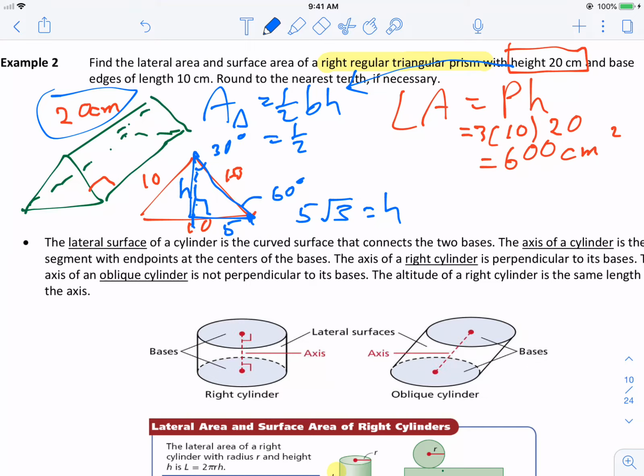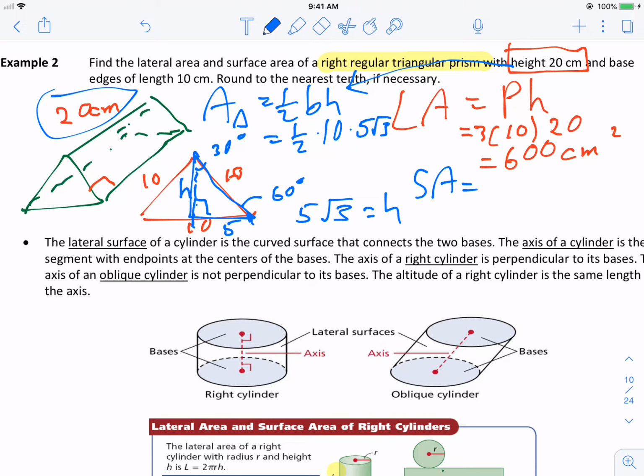So we can substitute this back in. 1/2, our base length is that full 10, and our height we just said was 5 root 3. What's really important is that we find the surface area for this full prism, and we know that we're going to need 2 of these bases to find our complete surface area.